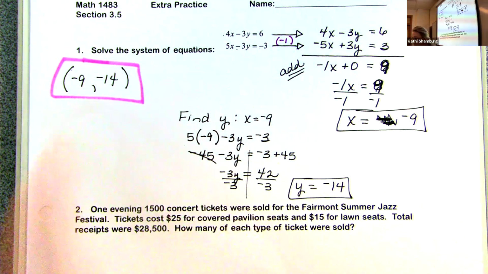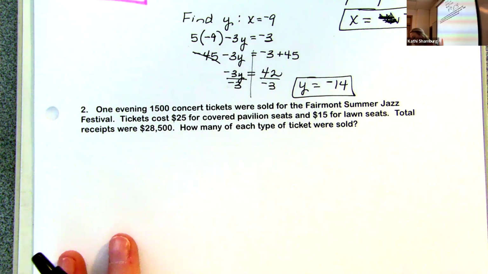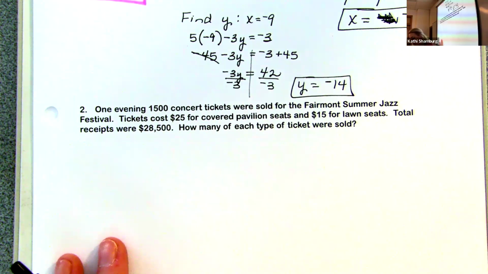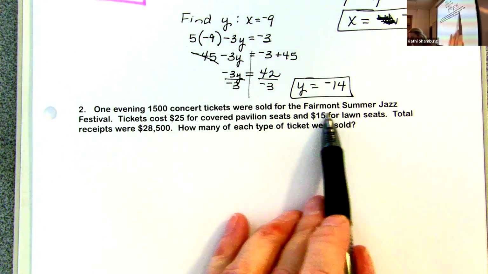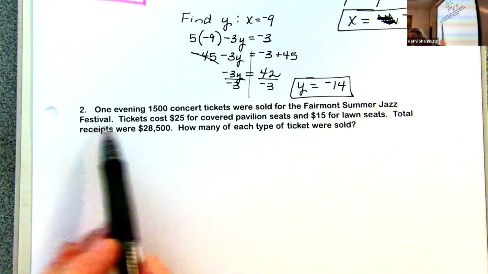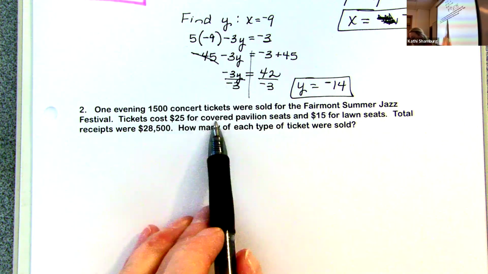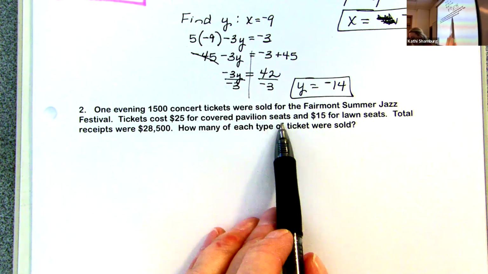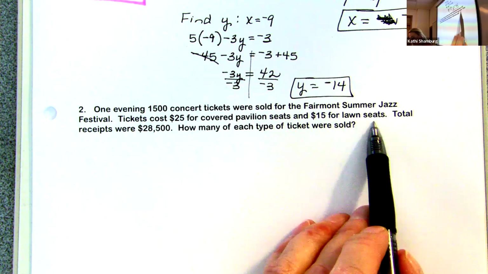Okay. All right. One evening, 1,500 concert tickets were sold for the Fairmont Summer Jazz Festival. Ticket costs $25 for covered pavilion seats and $15 for lawn seats.